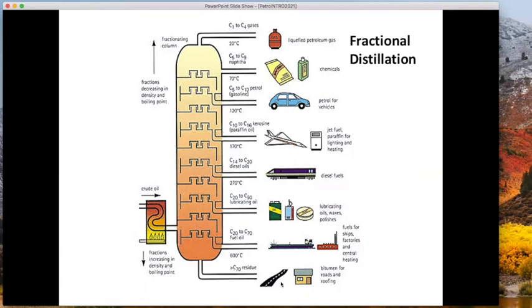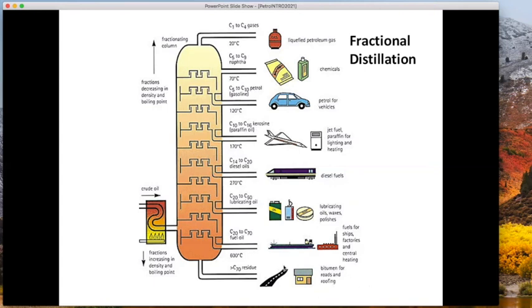And you can see the heaviest hydrocarbons, the ones that have the longest carbon chains, they come out at the bottom. They're more dense. And the ones that have the least amount of carbon, methane, ethane, propane, those all go to the top. And so we invent a little trap system which collects the heavy ones and the light ones keep moving up. And these are the different products we make from petroleum.